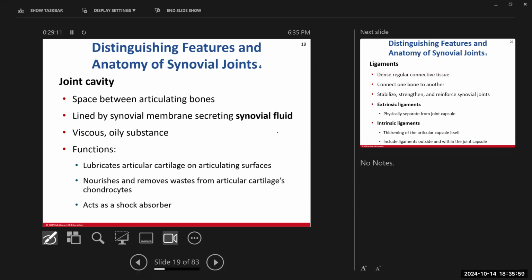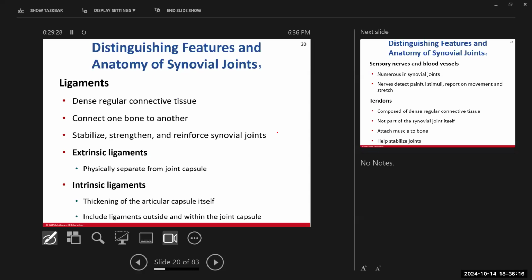Okay, so what do we call the tissues that hold bones together? Ligaments, that's right. A lot of your joints are going to have ligaments that are part of the joint capsule altogether. So let's talk about some of those ligaments. Keep in mind, we learned in chapter 5, ligaments are dense, regular connective tissue.